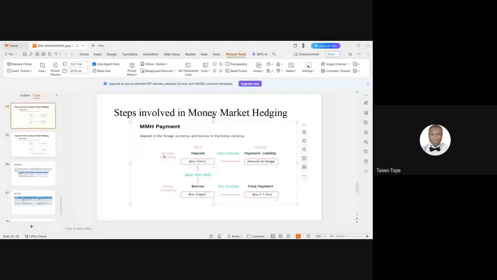The interest rate. Do you see this? Look at it very well.